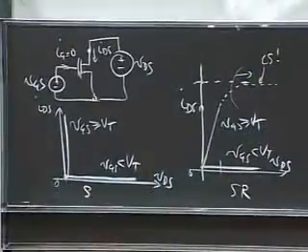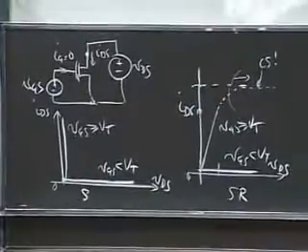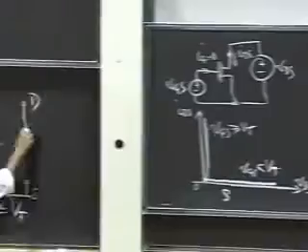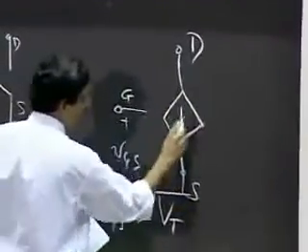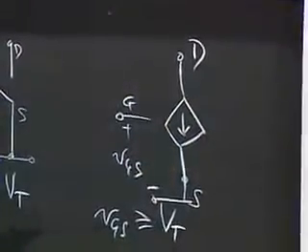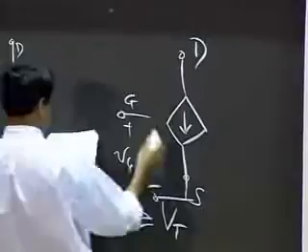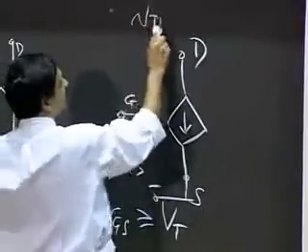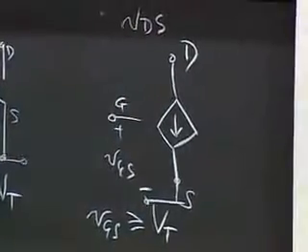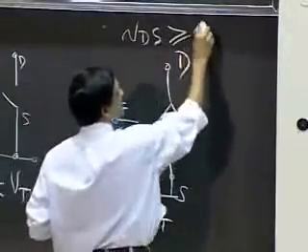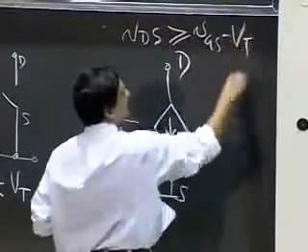Okay, and so let me start by drawing you a little model and explaining it in more detail. What happens is that under certain conditions, and the conditions are the following: when VDS, my drain to source voltage, is greater than or equal to VGS minus VT.